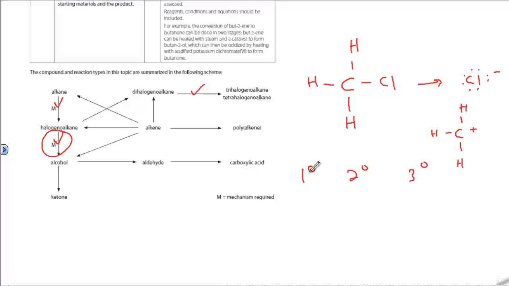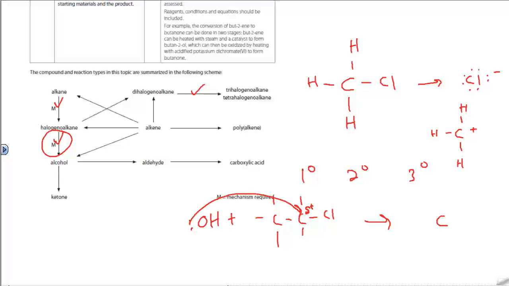The primary halogenoalkanes, for example, this one is primary, they can undergo SN2 substitution. Remember, that's usually with a good nucleophile like hydroxide, and these two collide. This collides with this partially positive carbon atom, allowing this leaving group to leave and forming a bond.